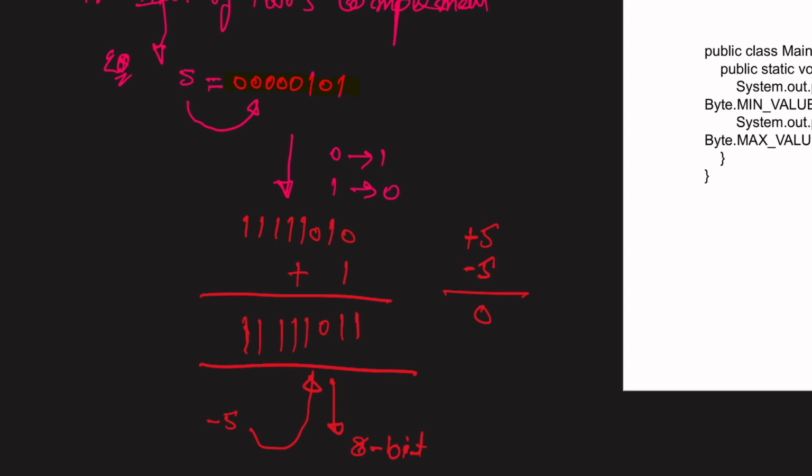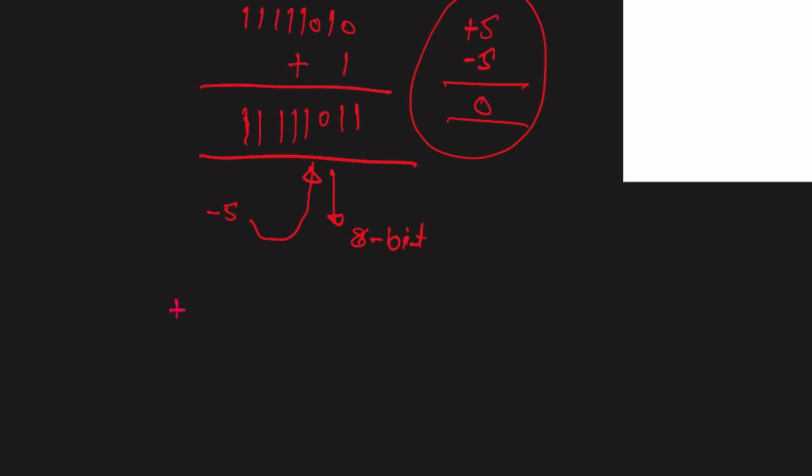For +5 we have 00000101, and for -5 we just calculated 11111011. When we add these two numbers, the final answer is 00000000.